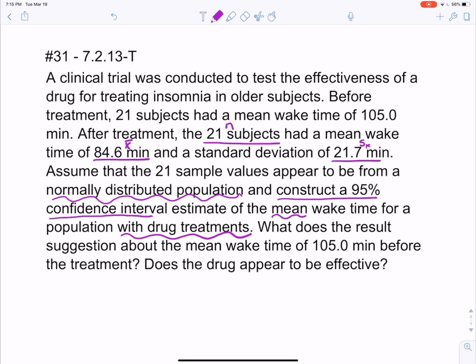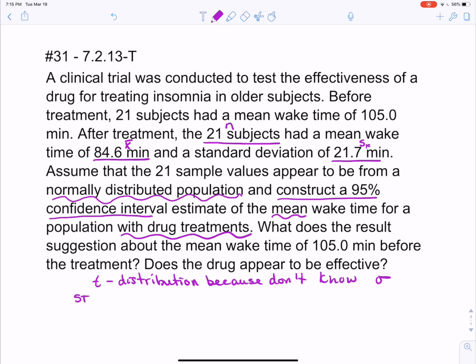Because I don't know the population standard deviation, I only know the standard deviation of the sample, I need to use my t distribution. So now that I figured out which distribution to use, I can decide to do it by hand or to use my calculator. I'm going to use my calculator because it tends to be faster.